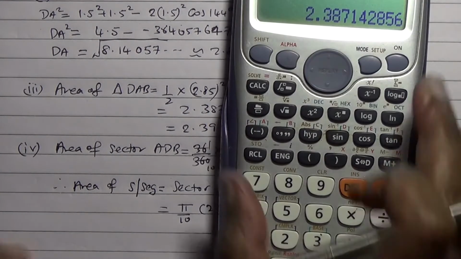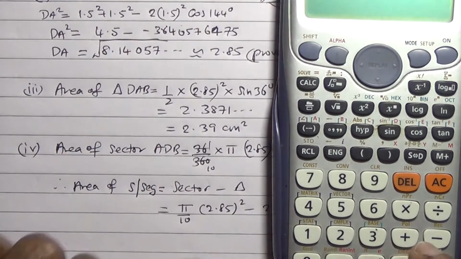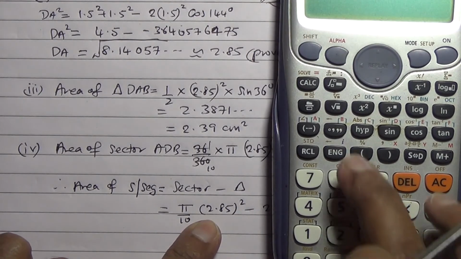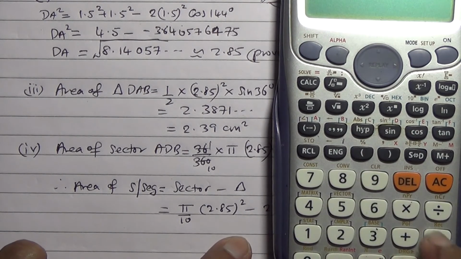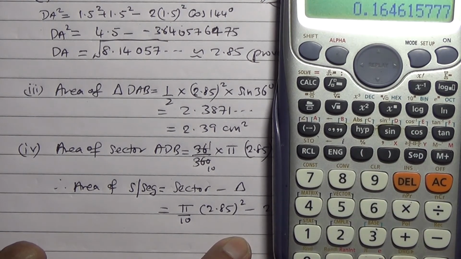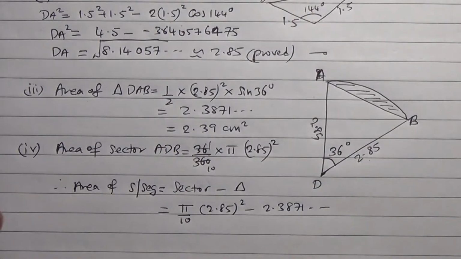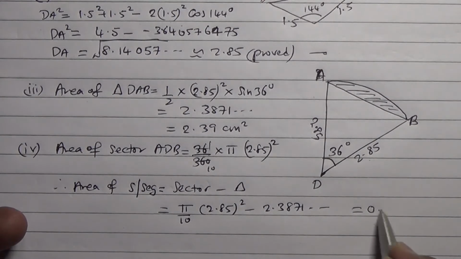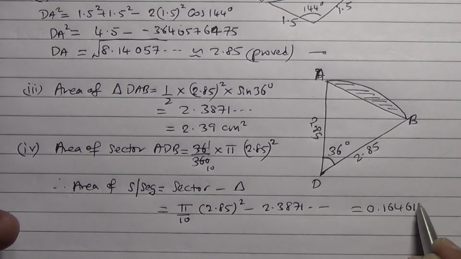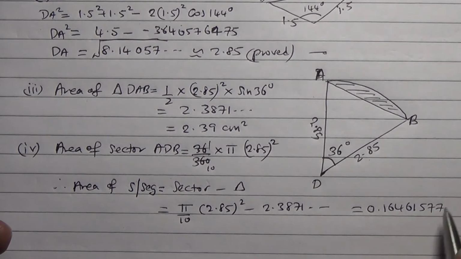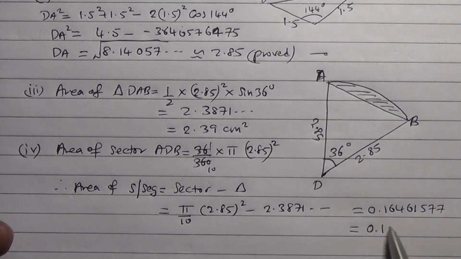So that's in brackets. I've got 0.1 pi times 2.85 squared, close brackets, and then take away the result that we found, and this is the answer, 0.164615. It does make sense to me because this is a very small area. It's my assumption anyway.